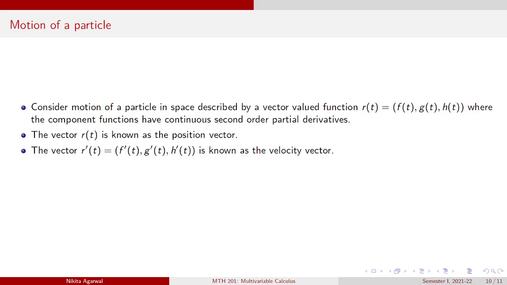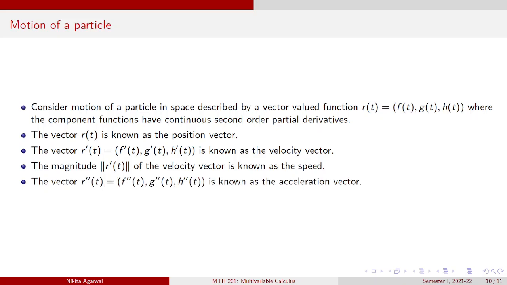Its derivative is known as the velocity vector. So what is the velocity of the particle at time t? And the magnitude of the velocity vector is called speed. So what is the speed of the particle at time t? And if you take the second derivative of r, then that is known as the acceleration vector. Okay, and it is nothing but the second derivatives everywhere.